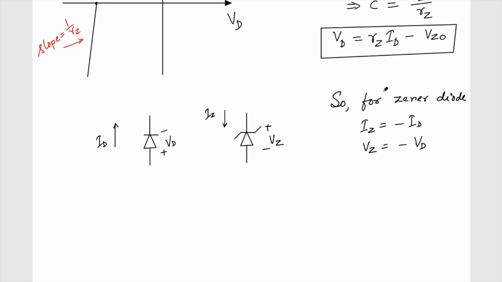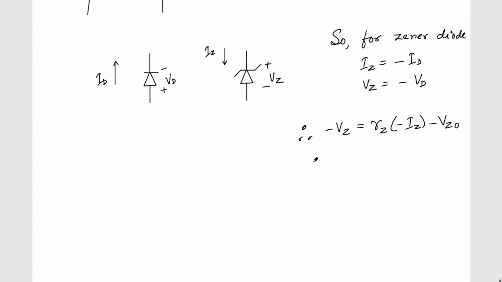Now once I substitute this, VD will be substituted by minus VZ, and ID with minus IZ. Therefore, if I substitute this value, minus Vz will be equal to Rz times minus Iz, minus Vz0.